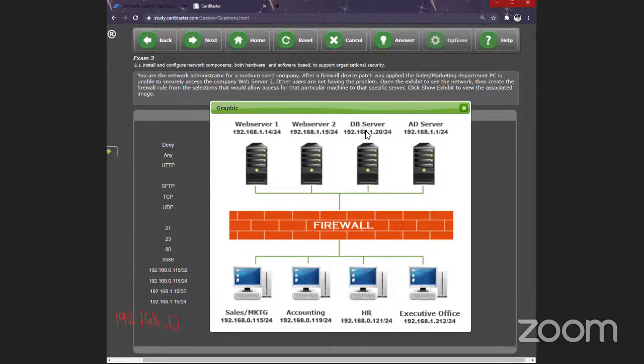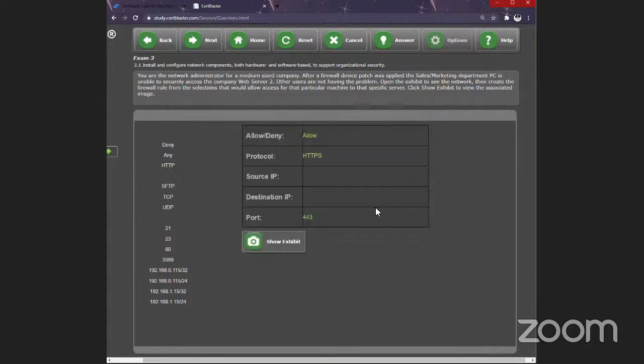192.168.0.115. And the destination IP? 0.1.15. All right. And what options are you going with here?